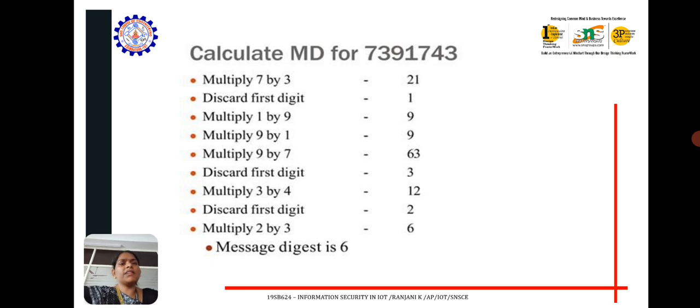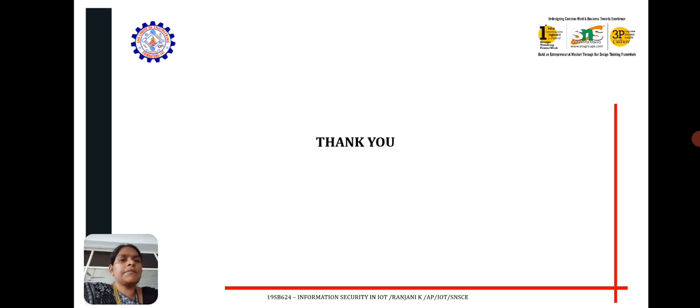Again multiply 1 into 9, the output is 9, and 9 by 1 again is 9. Next multiply 9 into 7, which is 63; omitting the first digit, we have 3. Then 3 into 4 is 12; omitting the first digit we have 2. Lastly, 2 into 3 is 6. So the message digest is 6. I think this example makes the topic clear.